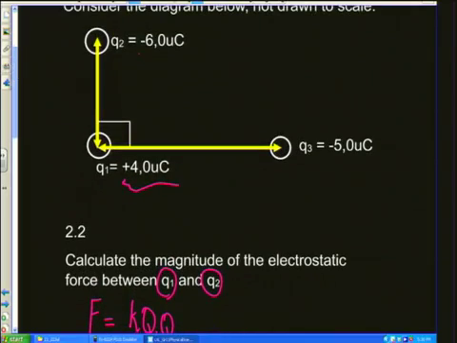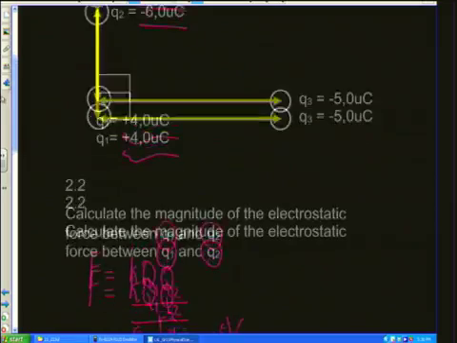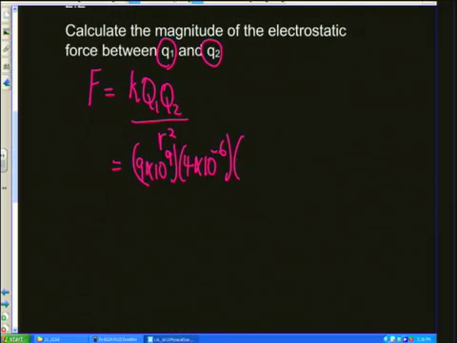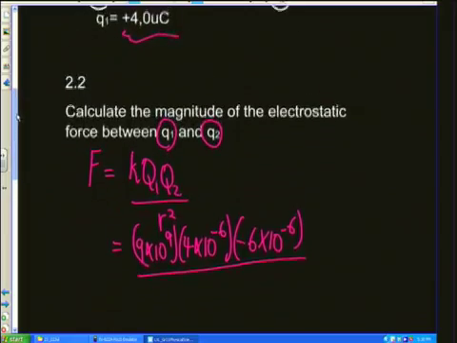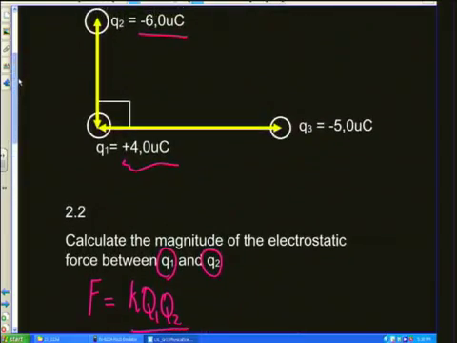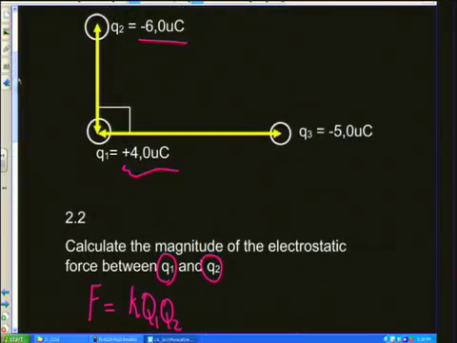Q2 is minus 6 microcoulombs, so that will be times minus 6 by 10 to the power minus 6, converting into coulombs. And then dividing by r squared.